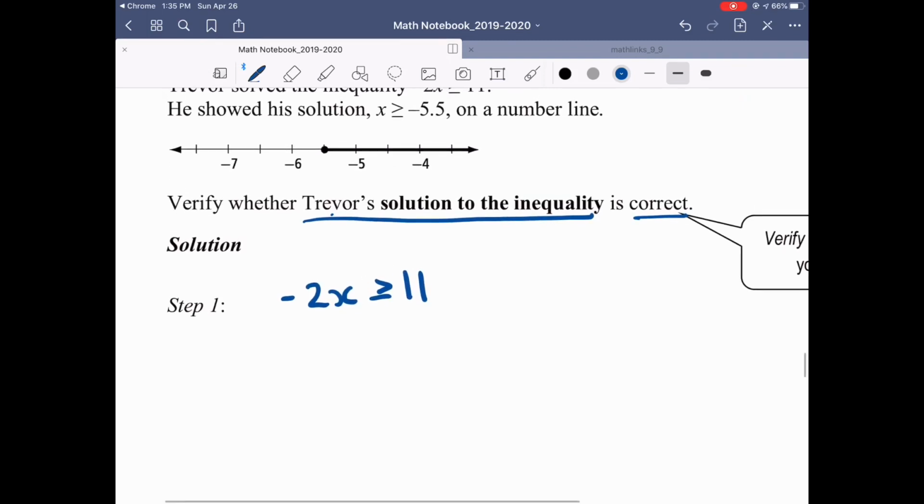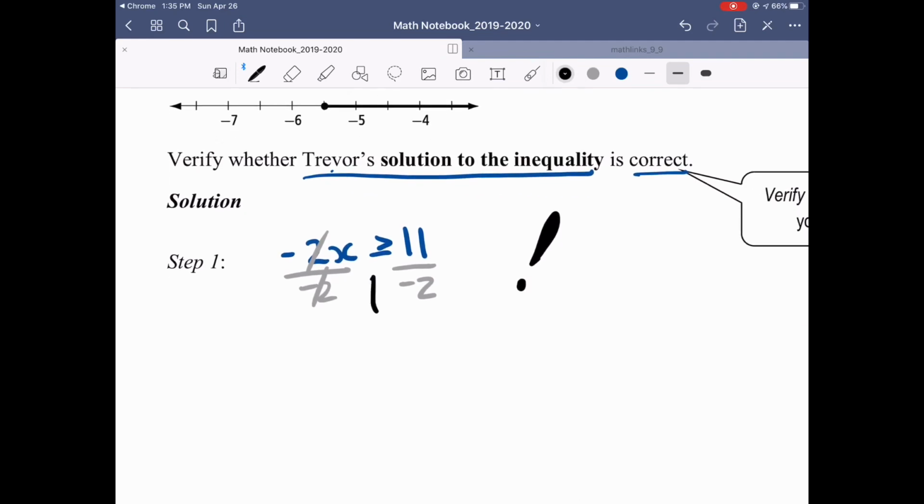If I was solving for x here, the step I would do would be to divide by -2 on both sides. Now right away when I divide by -2, I should think, okay, that's something I need to be aware of because I'm dividing by a negative number, which means I need to flip the inequality. So I'm going to flip right away so I don't forget the inequality and then do the math.